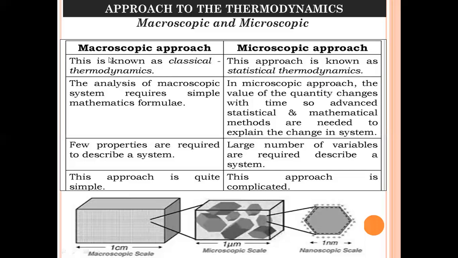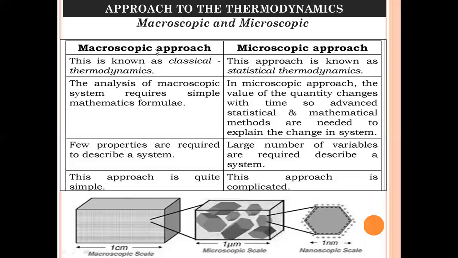So in the macroscopic approach, we consider the system as a gross volume, and in the microscopic approach, we consider that the system is made up of a number of discrete particles and molecules, and we study the energies and velocities at the molecular level. That's why the macroscopic approach is called classical thermodynamics, whereas the microscopic approach is called statistical thermodynamics.